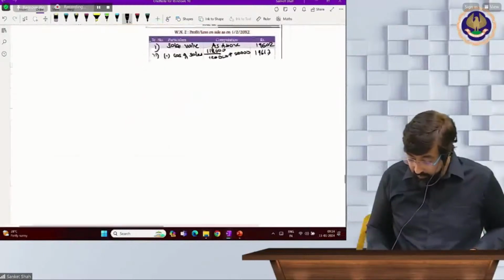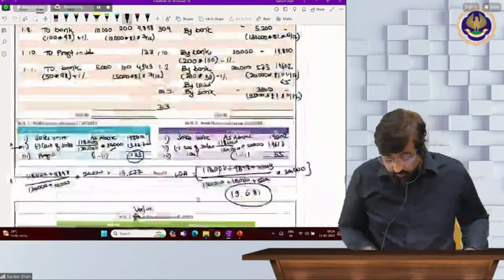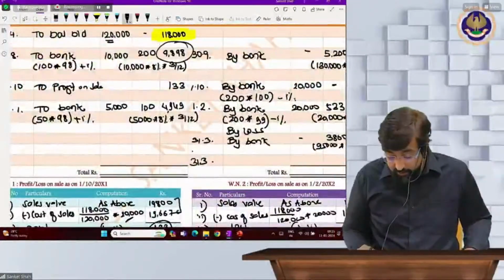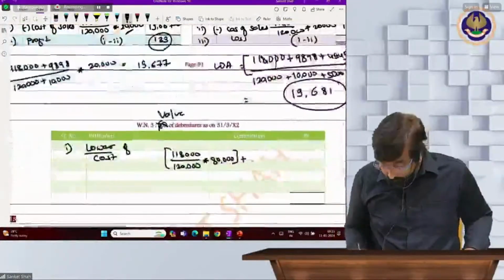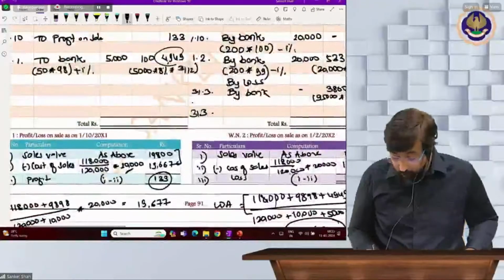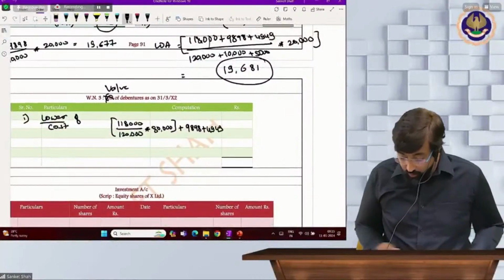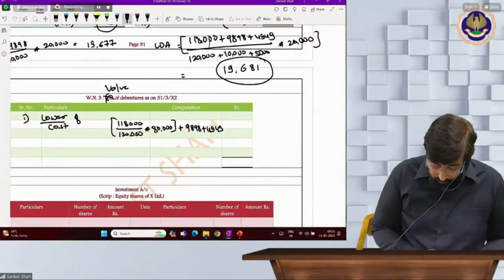So first lot I am left with 80,000. Second lot I have full debentures, 9,898. And third lot I have full debentures, 4,949. So what is my cost now? 93,530.